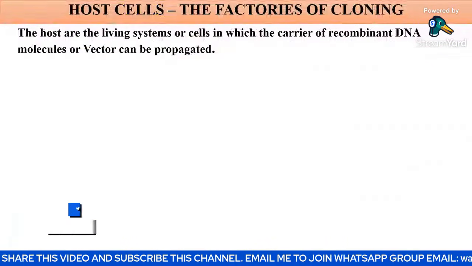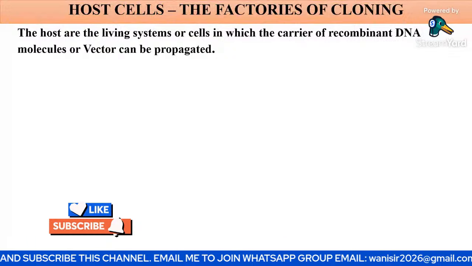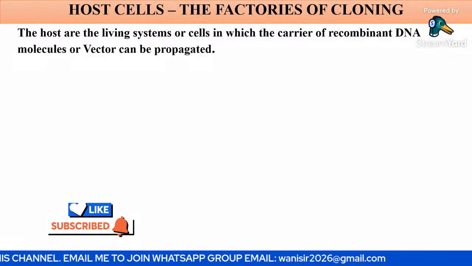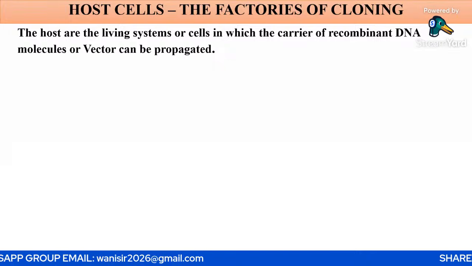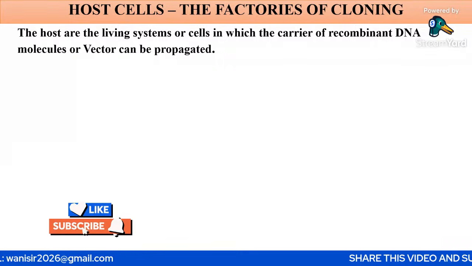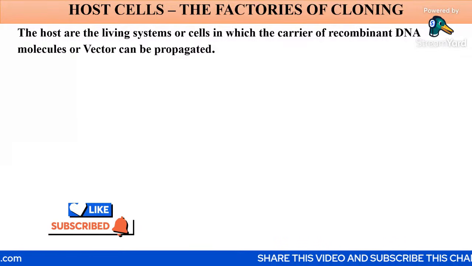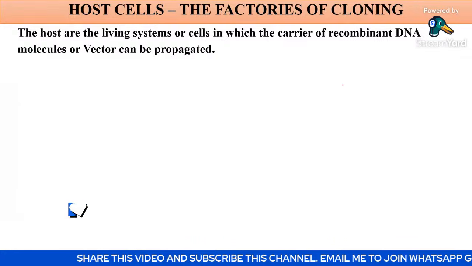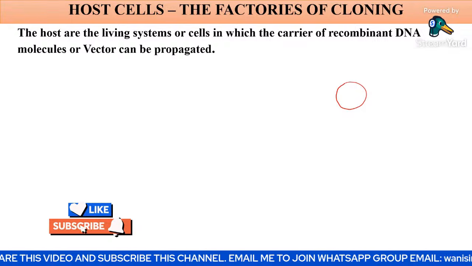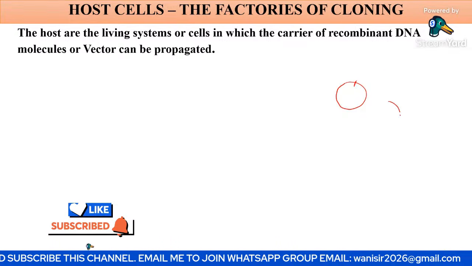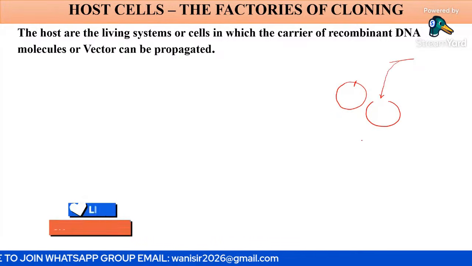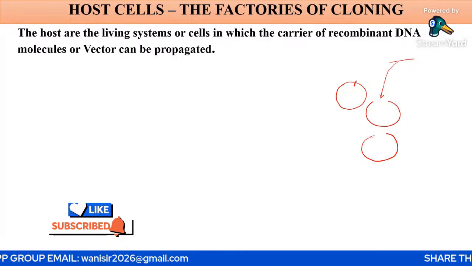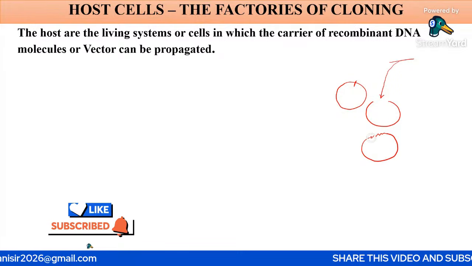Now we have another topic, host cells. What are host cells? They are called the factories of cloning. The host cells are the factories of cloning. That means, for example, we know there is a vector and we cut this vector, it is open now, and we have the gene of interest. We will insert this gene of interest into this vector, and now it is joined to the vector.